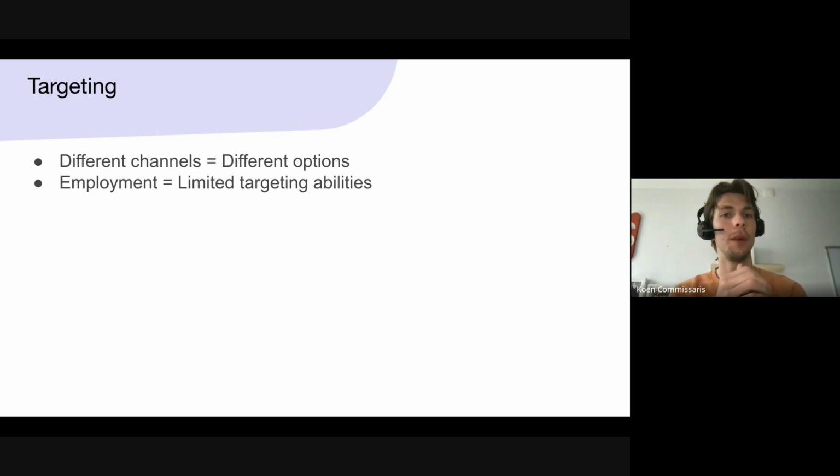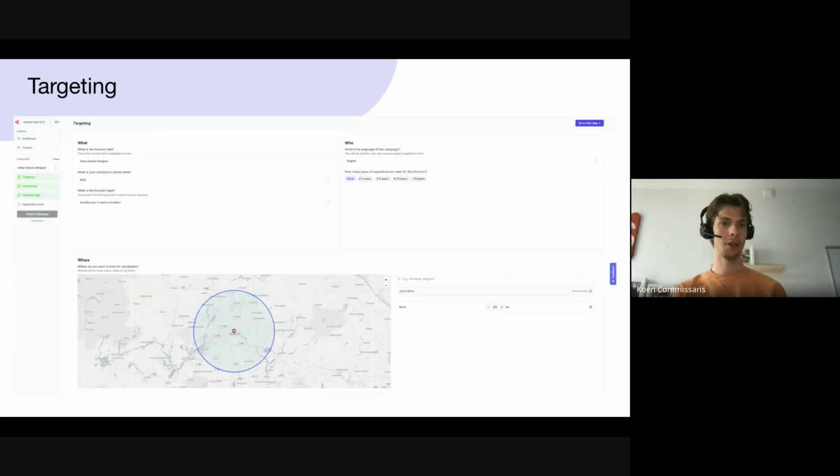Then, of course, you may wonder, what can you still do within this current restriction? The main parameters to target on are regions and user interest. I will get into the interests in a minute. And also on the different channels, there's a slight variation on the targeting possibilities.